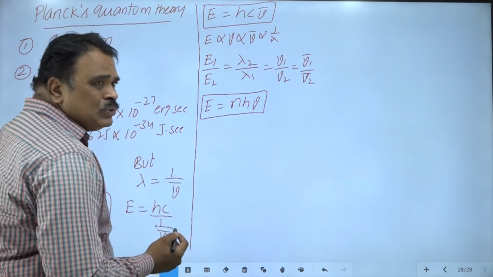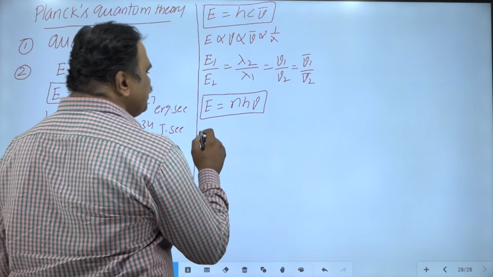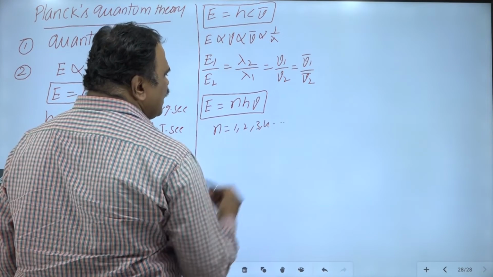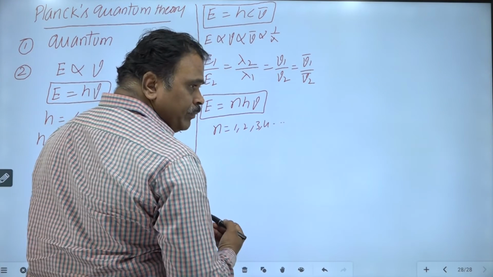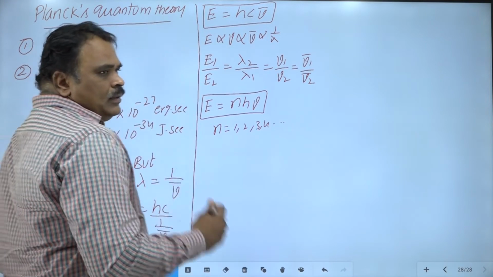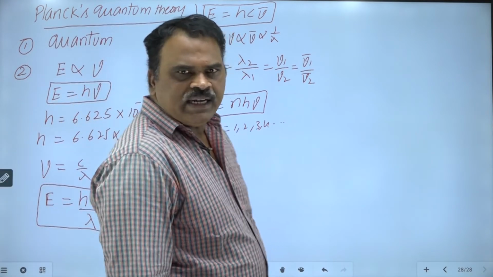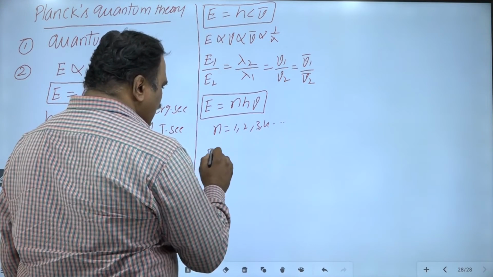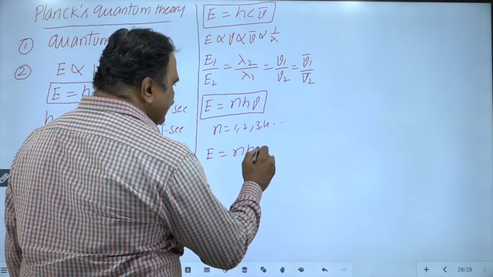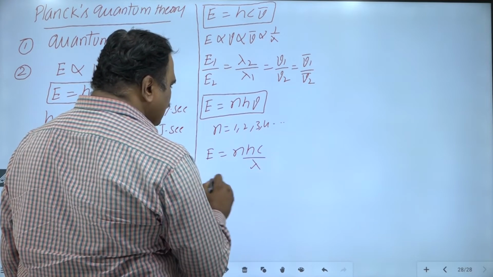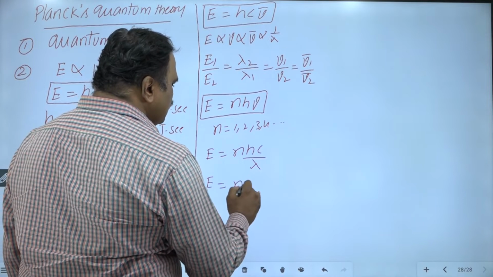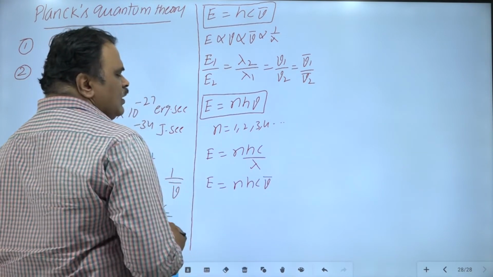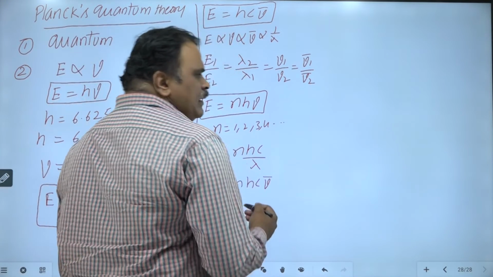If n is equal to 2, E is equal to 2 h nu. Here n is the number of photons emitted per second. So E is equal to n h nu, or E is equal to n hc by lambda, or E is equal to n hc nu bar.